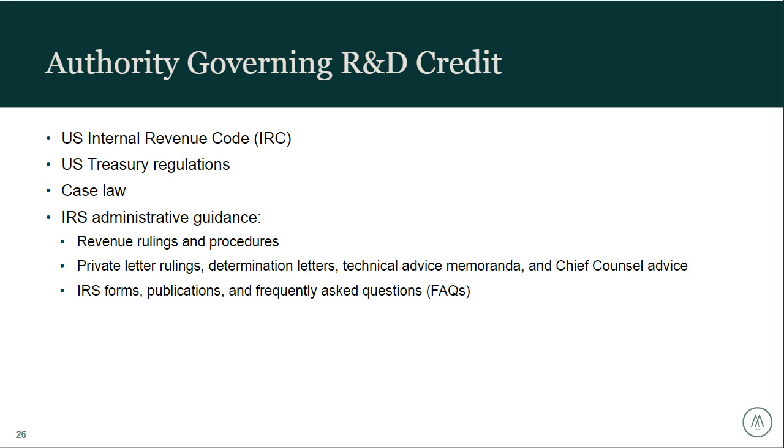From a legal standpoint, it may not hold a ton of weight, but from a practical standpoint, it holds all the weight in the world, because the IRS is on the front lines of deciding whether to accept or deny your claim. The new guidance we're about to talk about falls within there. It's a Chief Counsel Memorandum, and following this is not really optional if you want your R&D credit processed. So it's something we're going to have to live with, at least in the near term.